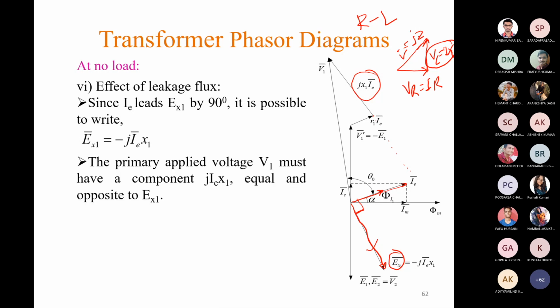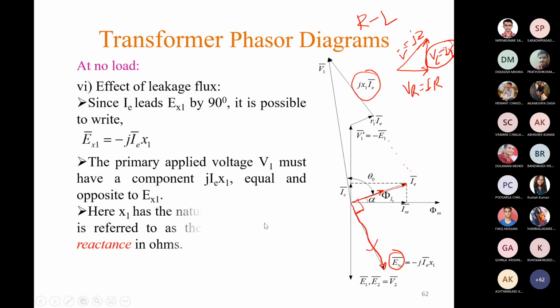So we can write EX1 equals minus of IEX1, and to add it with R1IE we have taken its opposite, the reverse phasor, to get the supply voltage V1. As it is a reactive voltage drop, in quadrature with the resistive voltage drop, we can write this IEX1.